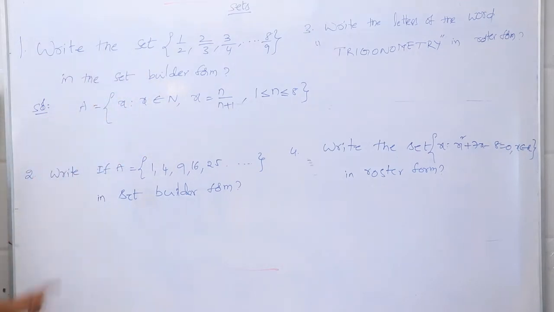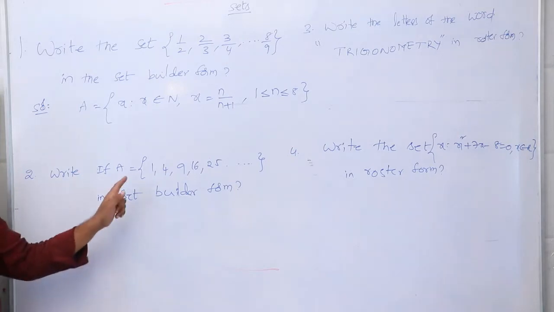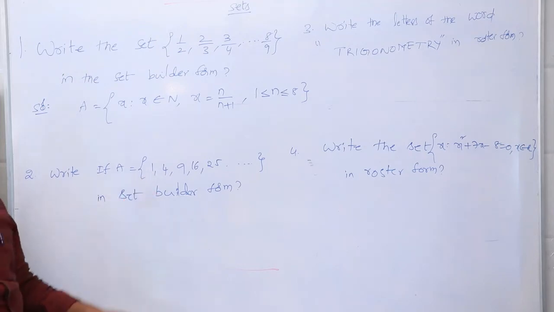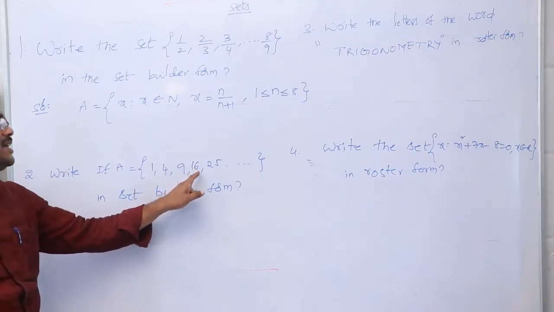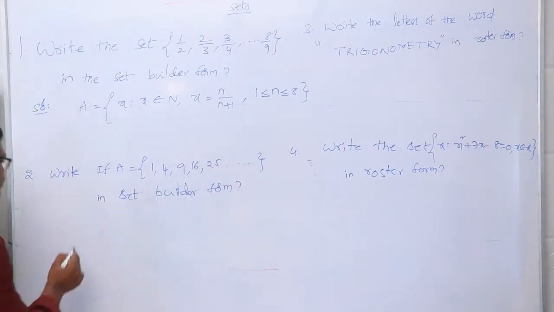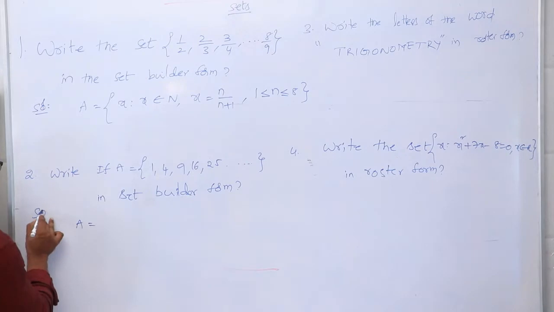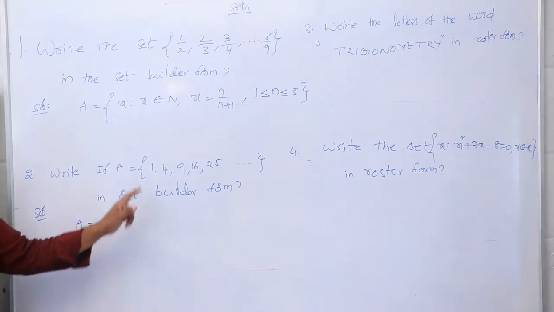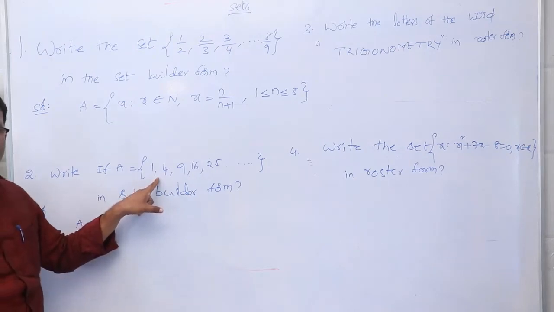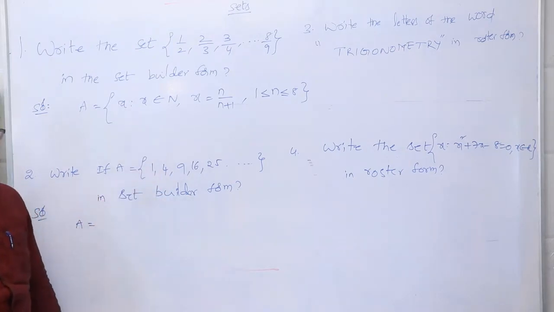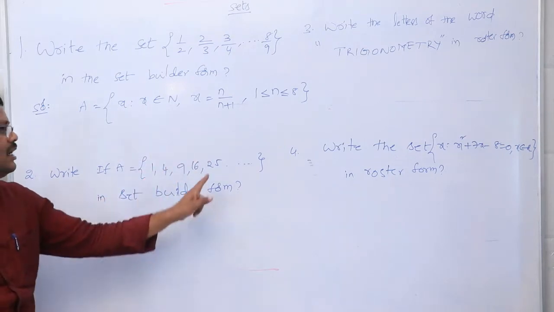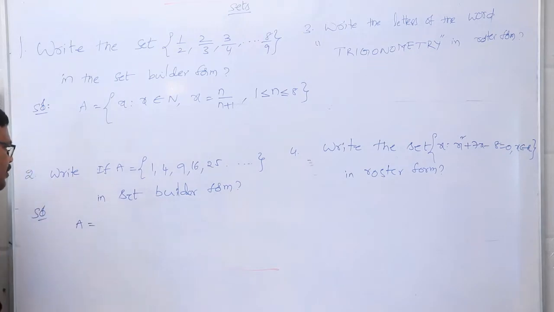And the second question: if A equals the set of 1, 4, 9, 16, 25 and so on, write it in set builder form. How to write in set builder form? Here, if you see, these are the squares of natural numbers: 1 square equals 1, 2 square equals 4, 3 square equals 9, 4 square equals 16 and 5 square equals 25.